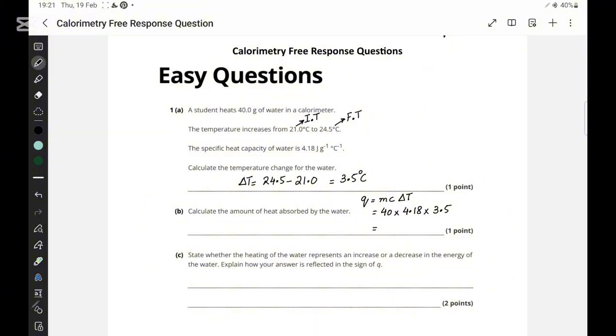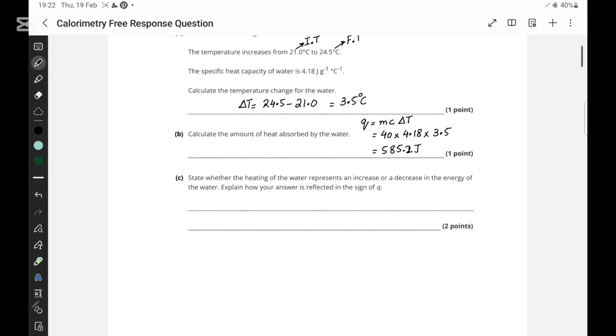The final answer comes out to be 585.2 joules. Then state whether the heating of water represents an increase or decrease in the energy of the water.